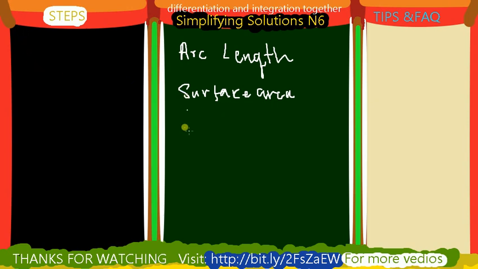And the formula for the arc length, the limit can be any, let's say it's theta 1 to 2.